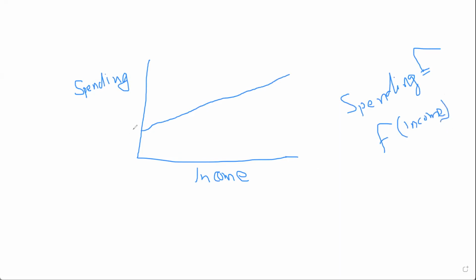Now look at this area, this distance. It is called the intercept. Now pick any two places, just make two points on the line, and draw perpendicular and horizontal lines, vertical and horizontal lines.